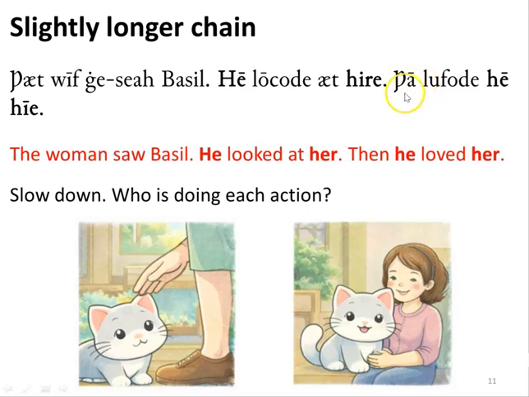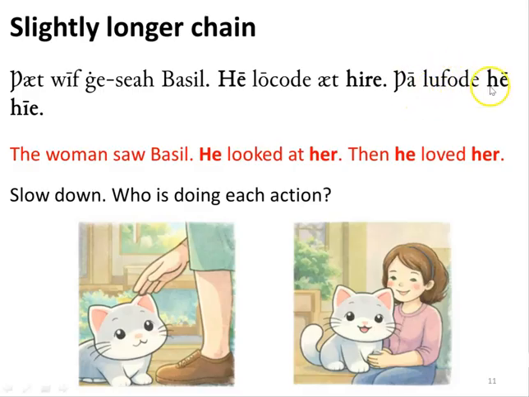So although this sentence, then loved he her, sounds strange to modern ears, it's not strange to Old English, because he is in the nominative. He is the subject. He's doing the verb. Here is accusative. Her, she's the direct object of the verb. She is the recipient of the verb. So it's the grammar that's telling you she is the recipient of Basil's love.